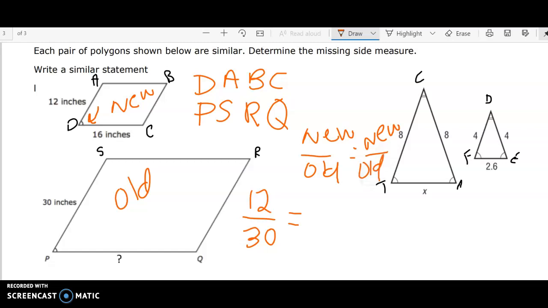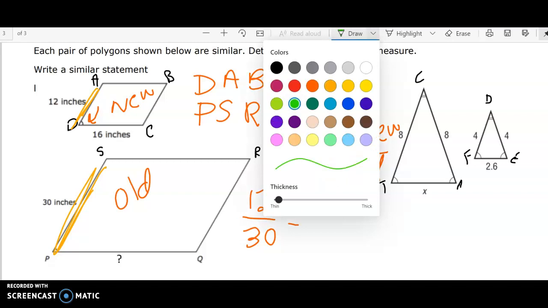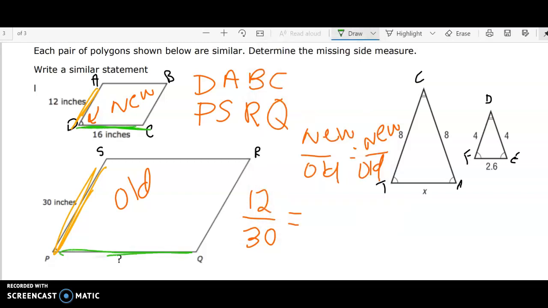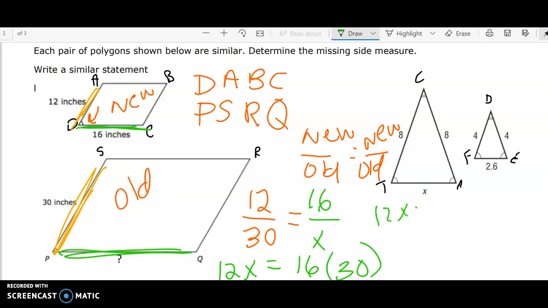So 12 is to 30 as 16 is to I don't know. So I set up 12x equals 16 times 30. And that goes 12x equals 480. Divide each side by 12. And x equals 40. So then I can do this as 40.